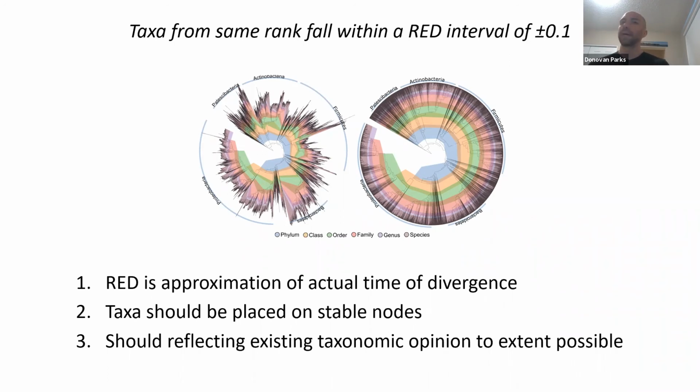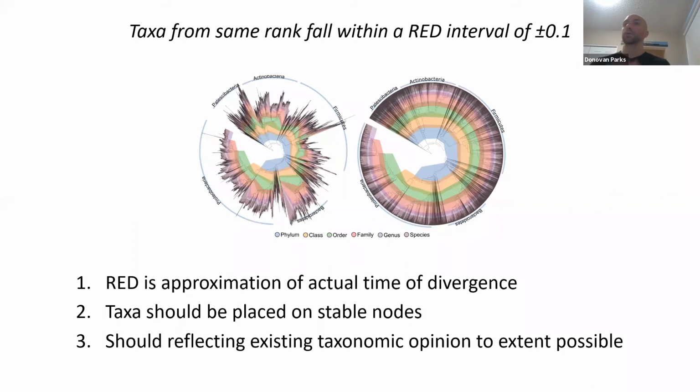There are, of course, a finite number of nodes, and some of those nodes aren't that stable. They have low bootstrap support values. So we want that interval to be wide enough that more often than not, we have a node where we can define that family or genus, somewhere where we believe those organisms are going to be evolutionarily related under different phylogenetic inferences.